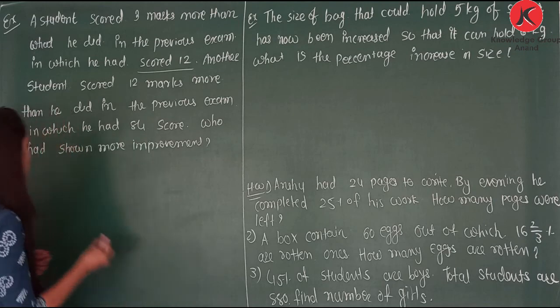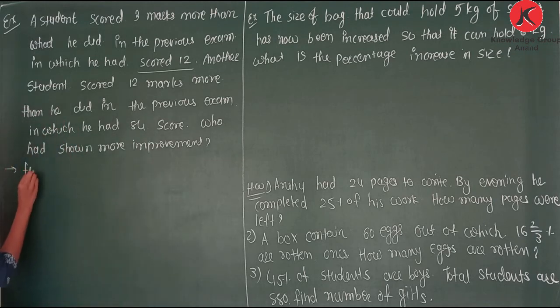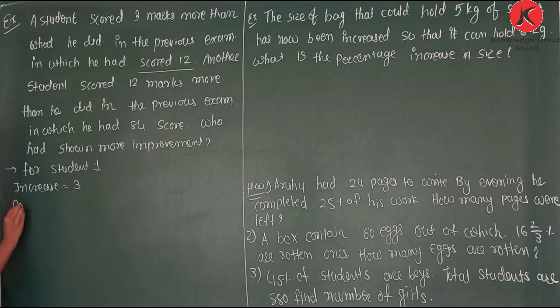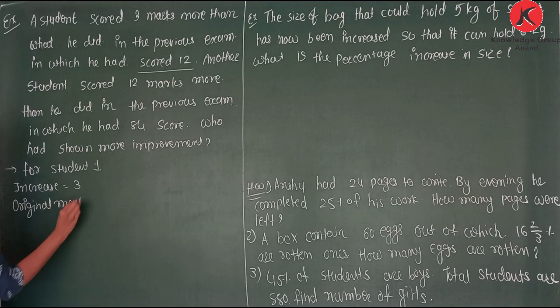So here for student 1, increase of 3 marks and original marks is 12. Next, another student scored 12 marks more than he did in a previous exam, in which he had 84.